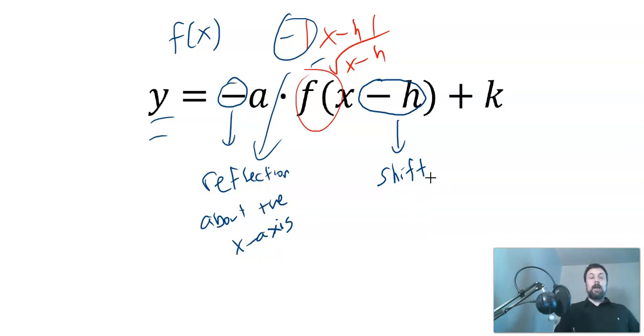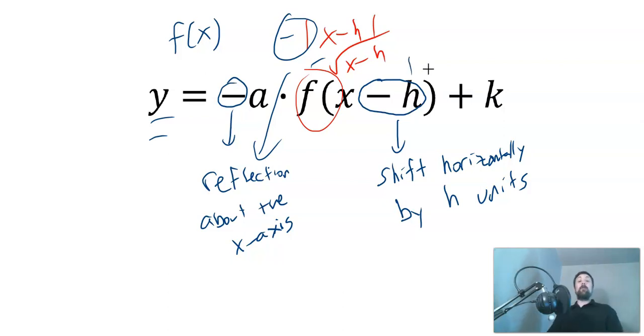Shift would be another way of saying translate. So this will shift the graph horizontally by h units. So that's how far you want to shift it. So if there's a 1 here, you want to shift the graph 1 horizontally. If there's a 2 there, you want to shift it by 2.